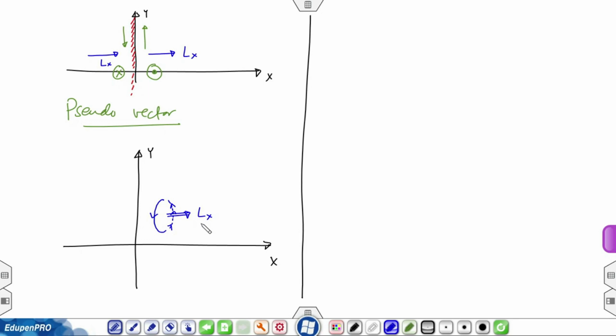When the system is reflected, so for example, if I look at it by reflecting it in the mirror, so what is this? Active transformation. Then still the system would look rotating like this, and therefore, Lx would still be pointing in the same direction.